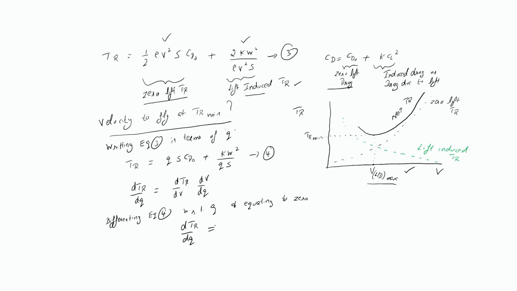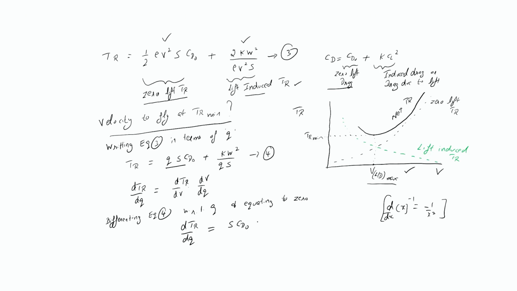So dTR by dq is, here we have only one q over here, so this becomes S CD naught. Here we have q in the denominator. So how do you do the differentiation when x is in the denominator? Minus 1 upon x square, right?